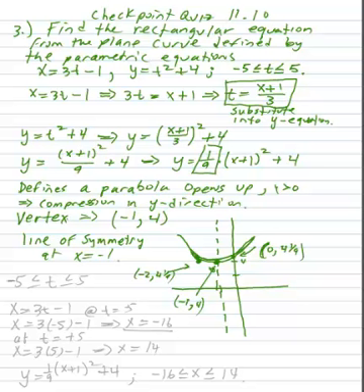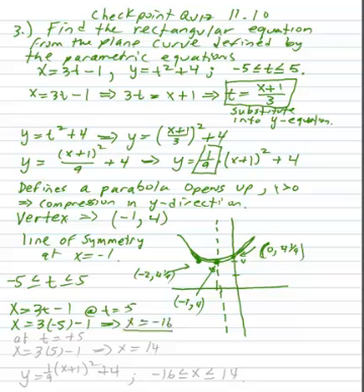t is going from negative 5 to positive 5. And if we know x is 3t minus 1, then at t equal negative 5, x is 3 times negative 5 minus 1. x is negative 16.